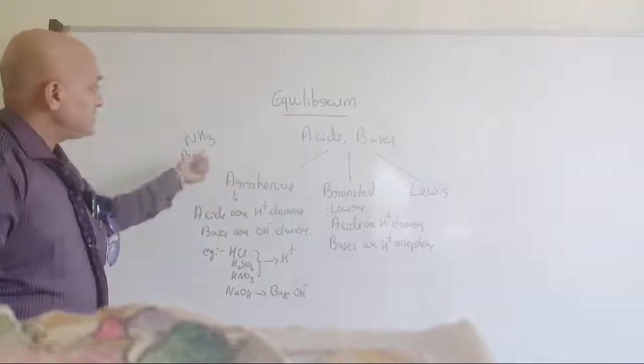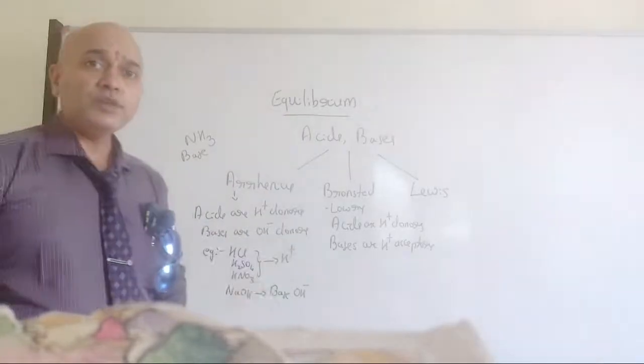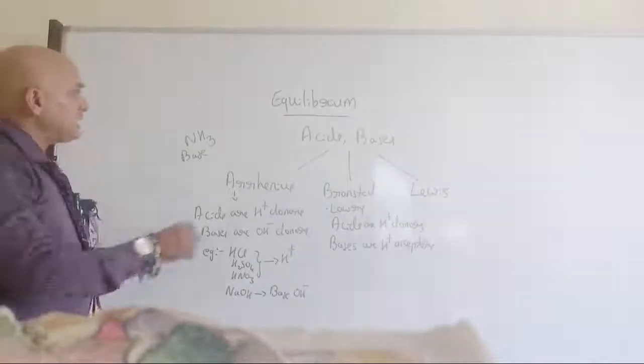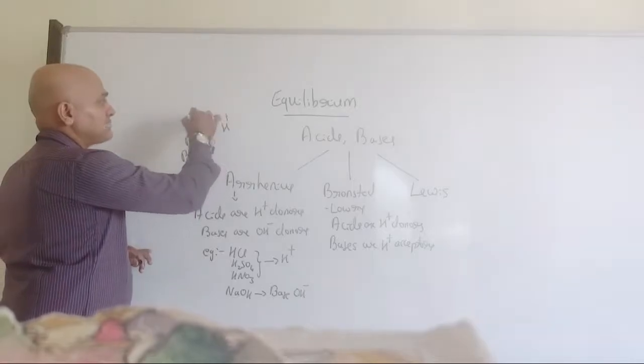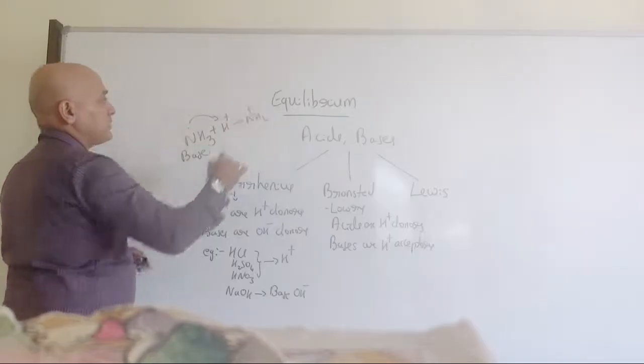So that means now ammonia can be considered as a base. Why can ammonia be considered as a base? Because it is going to accept the H plus and it will become ammonium. Right?